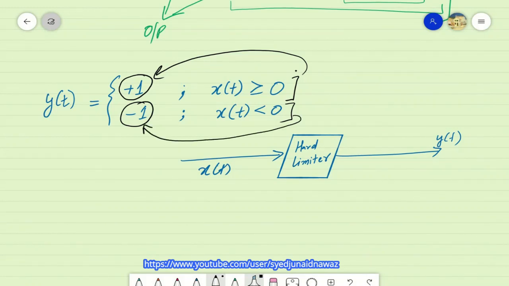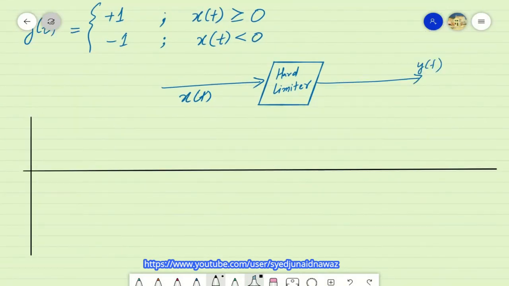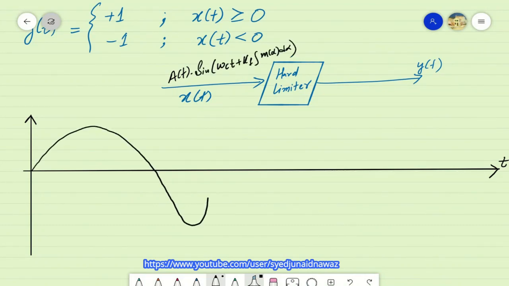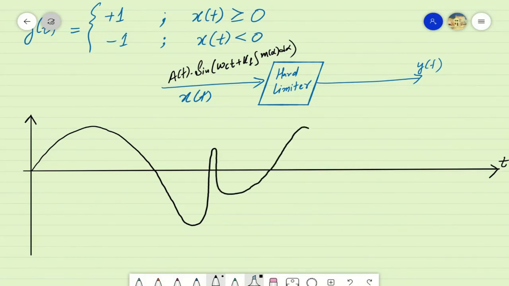So if we plot some example input signal here, if we take a time varying frequency modulated signal being fed as input to this system, the frequency variations in this signal represent the information signal itself, while any variations in the peak amplitude of this signal are the problem which we want to eliminate.